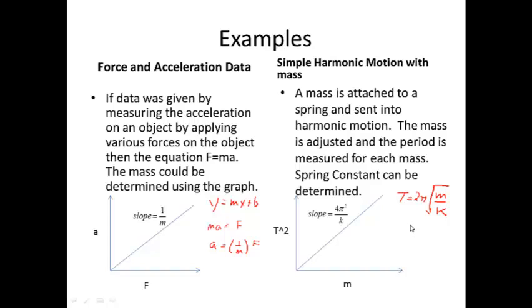Now we could do this one of two ways. First of all, you could graph the square root of m. Well, first of all, y equals mx plus b. Our independent variable is our x variable, in this case mass. We're adjusting mass, measuring period. So this is our independent, this is our dependent.